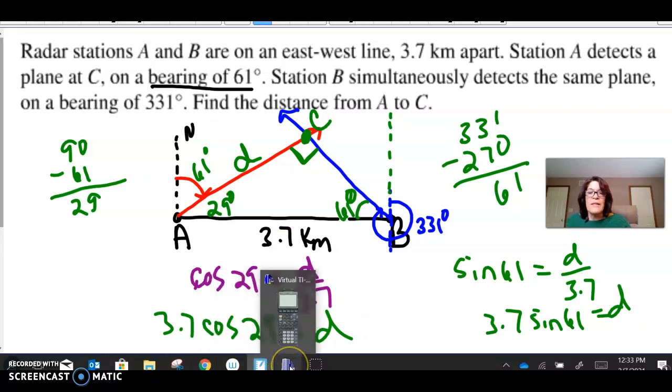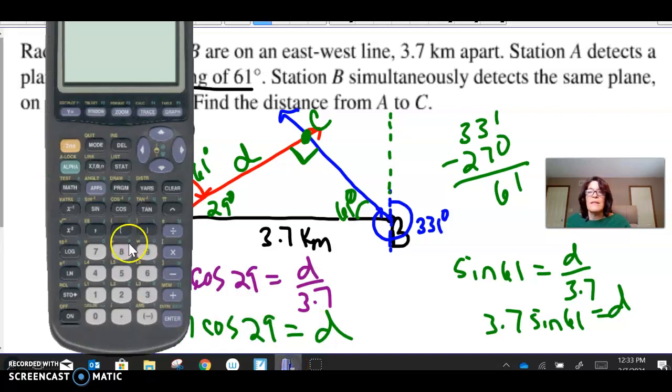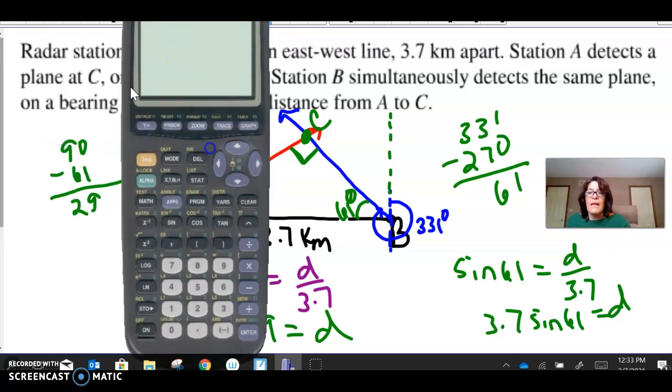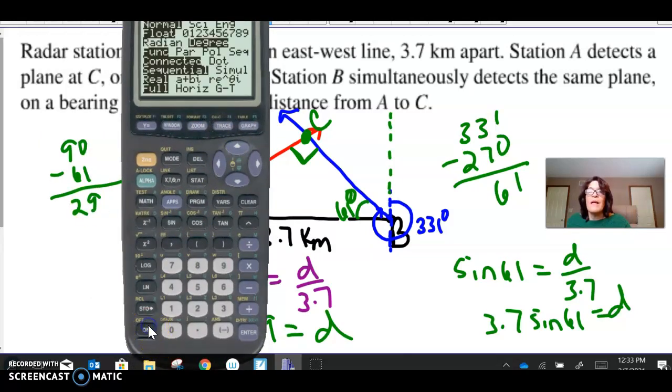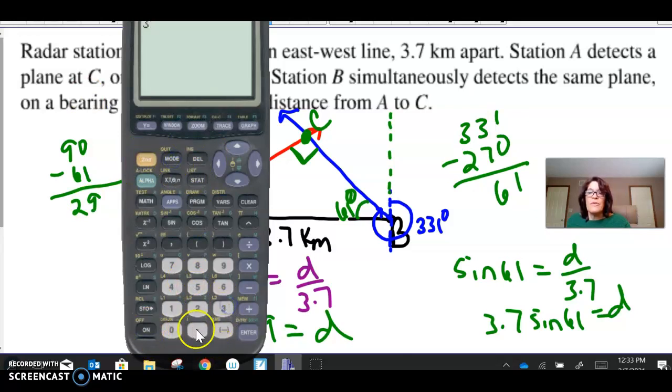Let me pull up the calculator. I don't know if you can see it. I'll move it down a little bit. Okay, I'm in degrees, good. Some of you are going to do 3.7 times the cosine of 29, and you're going to get that.